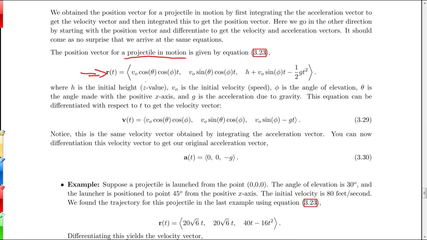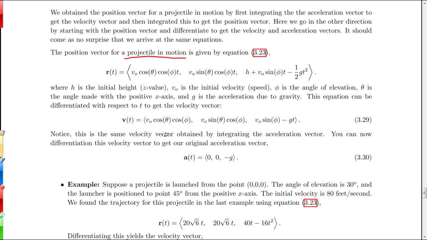It has something to do with the launch angles and the initial velocity, and then the height had to do with the acceleration due to gravity, the gravity constant. The way we derived it was we started at acceleration and moved back to our position.